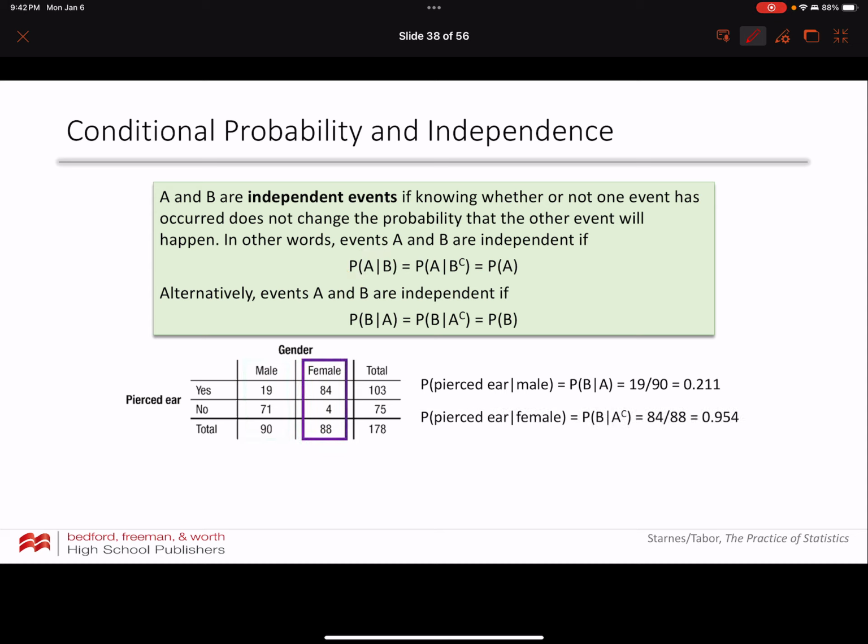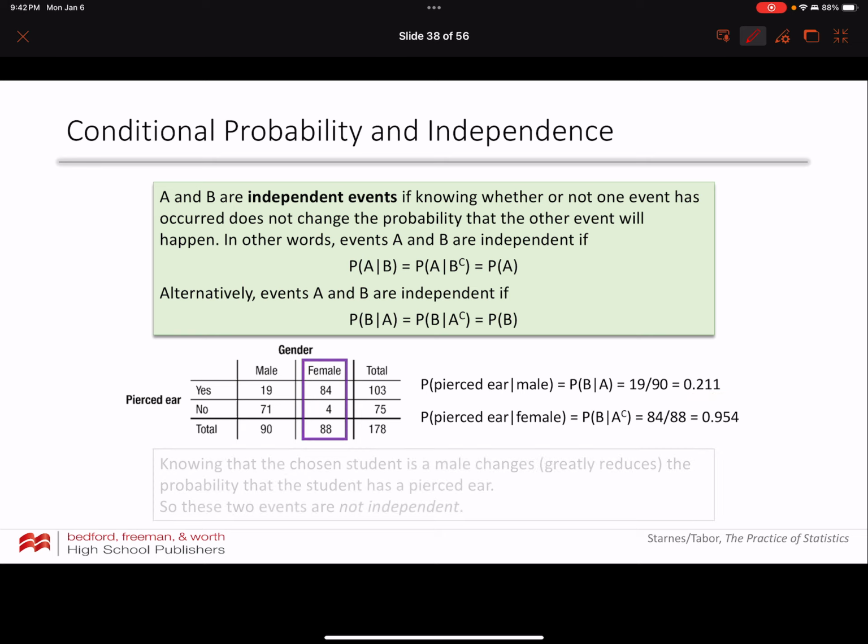The probability that someone has a pierced ear given that they're female, in other words, not A complement, is 84 out of 88, 95%. These 2 percentages are very, very different.